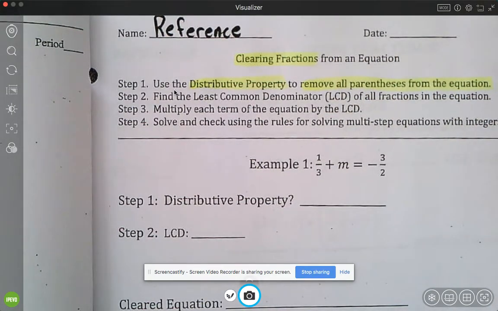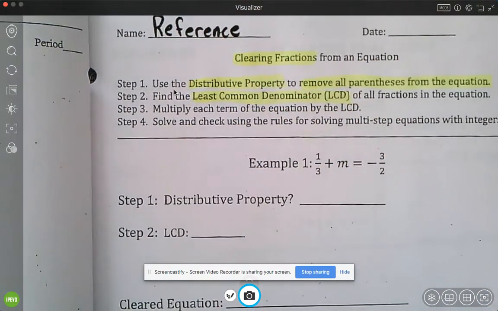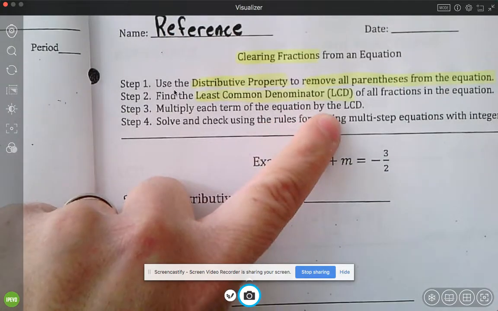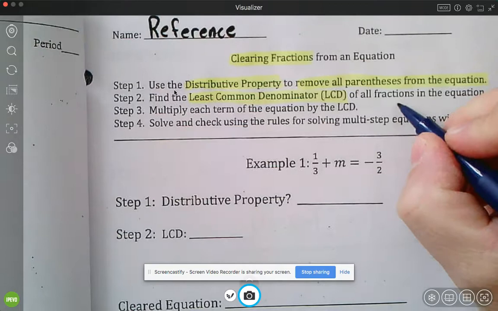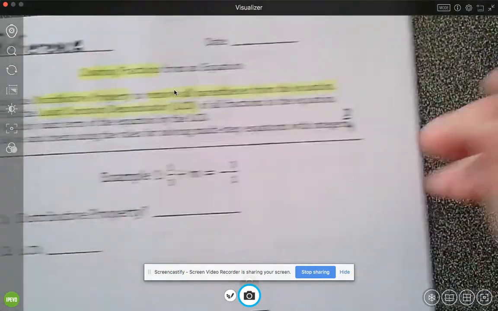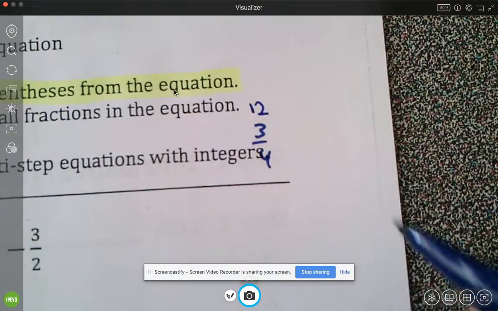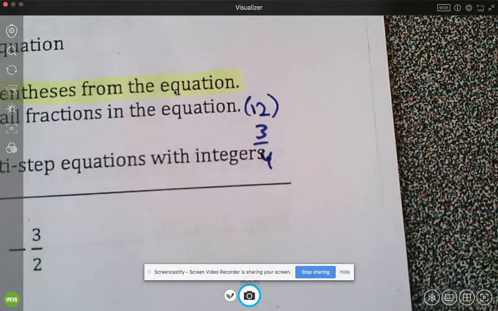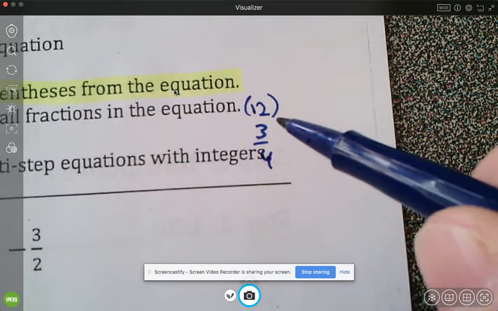After you've distributed, you have to look for the least common denominator of all the fractions, and then multiply each term of the equation by the LCD. So if you remember, we just learned, for example, if you have 3/4 and we want to multiply, say the LCD here is 12, remember, we put the 12 at the top here. Can someone tell me what this would equal?